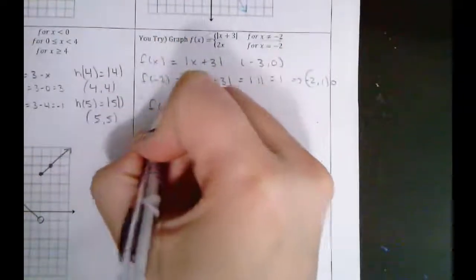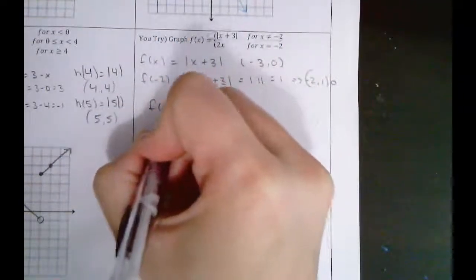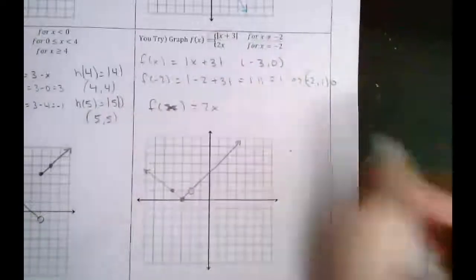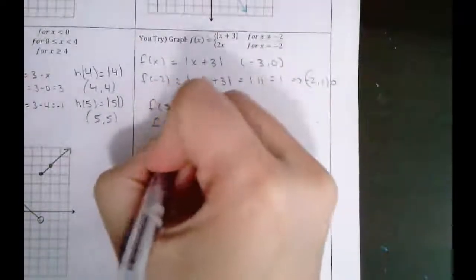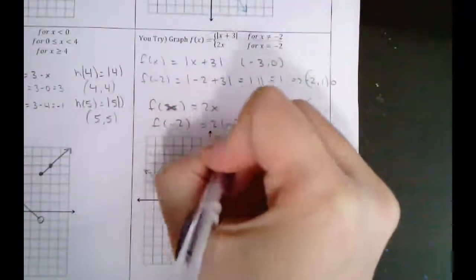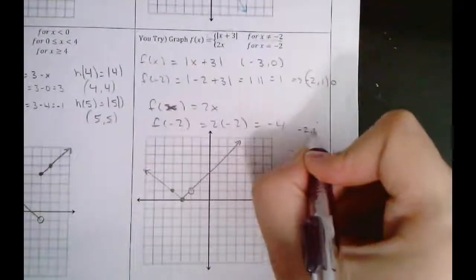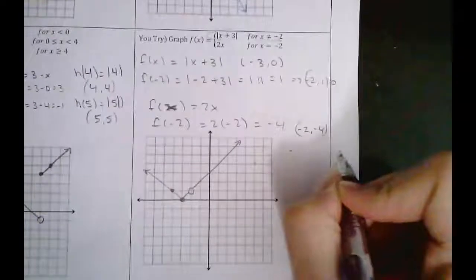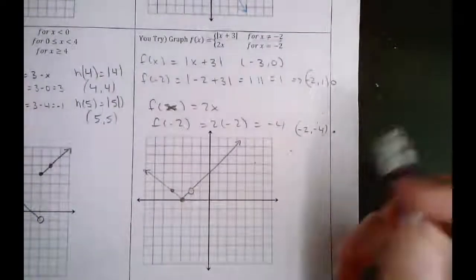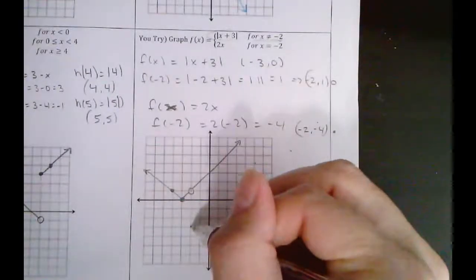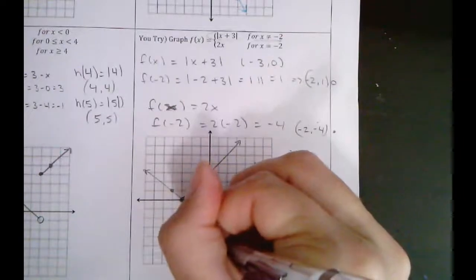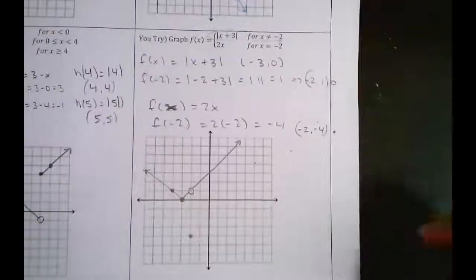So f of x equals 2x, we want to plug in -2, and we get -4. So that means you're just going to have another point at -2, -4, which is right here. Ta-da! The end.